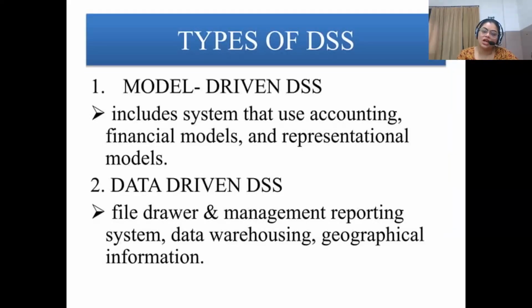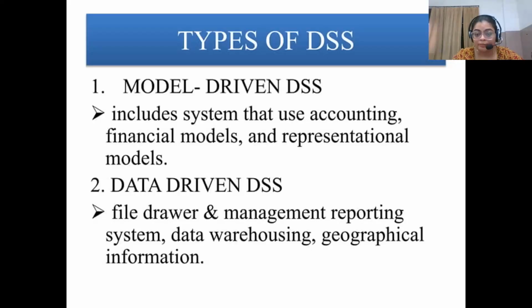Moving forward to the types of DSS. First is model-driven DSS. It includes systems that use accounting, financial models and representation models. Basically, it builds an underlying decision model. Model-driven decision support systems are customized according to a predefined set of user requirements to help analyze different scenarios that meet these requirements.